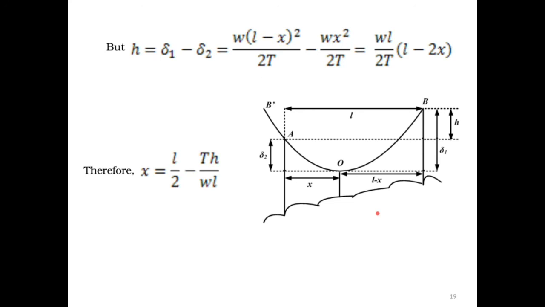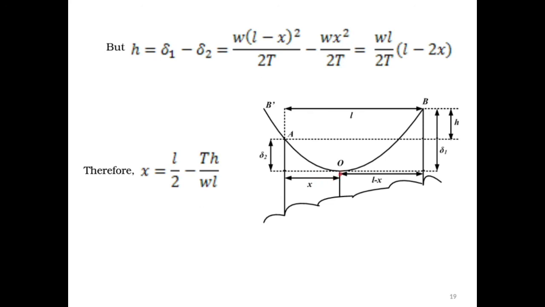If X is equal to 0, yes, that support is at the lowest point of the conductor, or in other words, the lowest point of the conductor is at the support. The lowest point of the conductor is not here in between two supports. The lowest point of the conductor is supposed to happen all the time in between two supports.